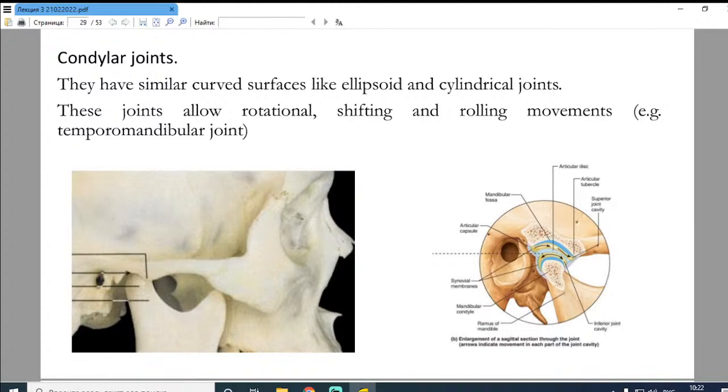These joints allow rotational, shifting and rolling movements. Example, the temporomandibular joint. This is the temporal bone. This is, you see, the mandible.